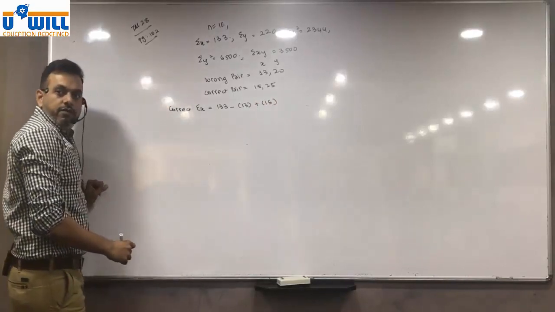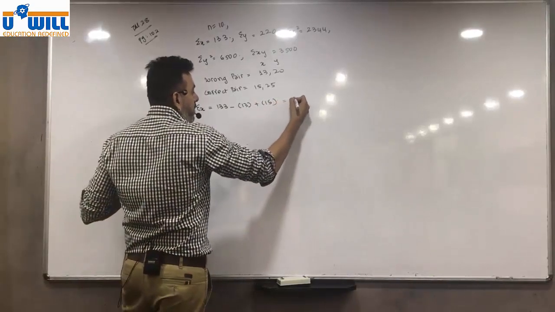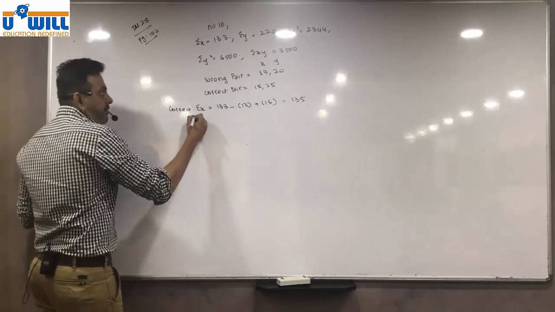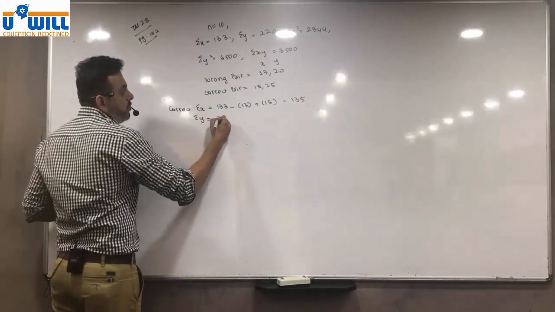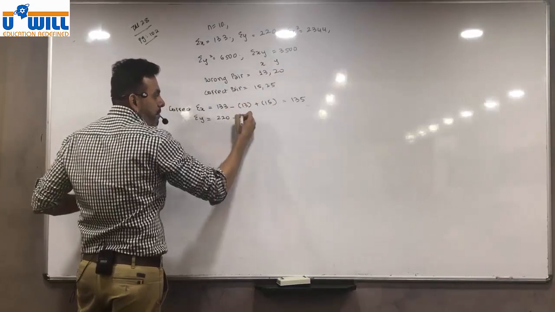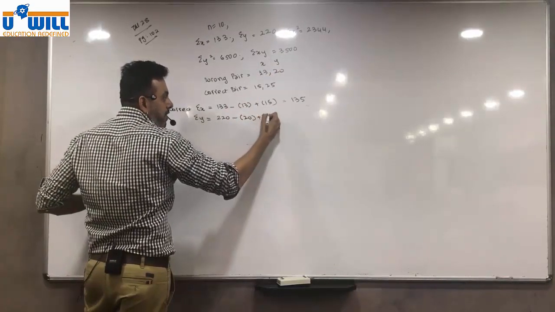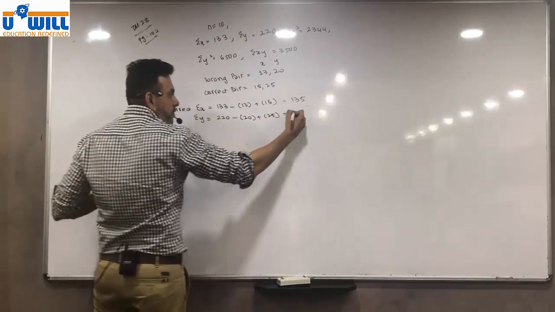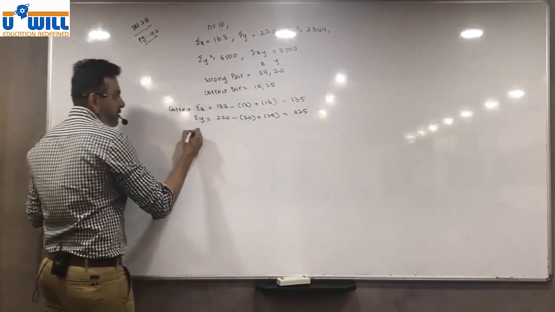You understood this? Which comes to 135. Sigma y is equal to 220 minus the wrong y and plus the correct y. So it is 225.